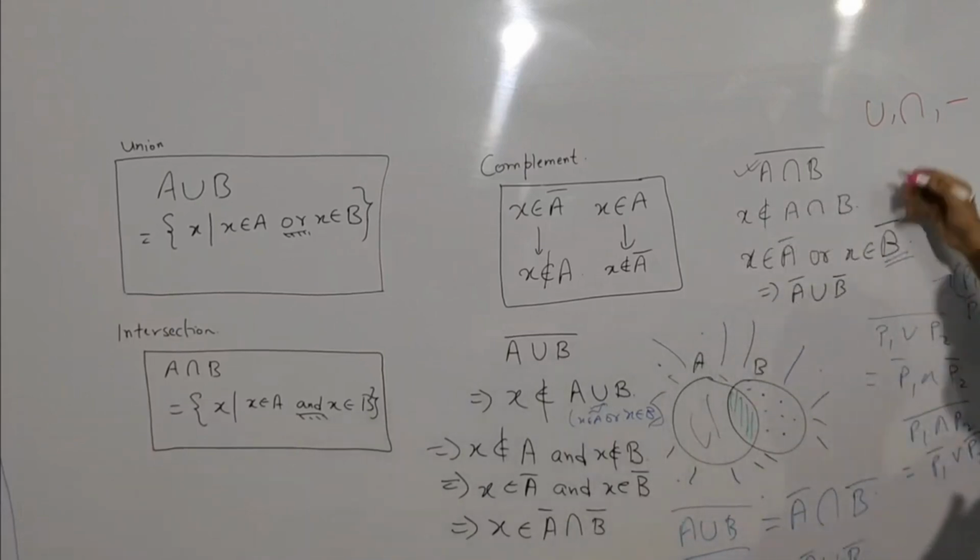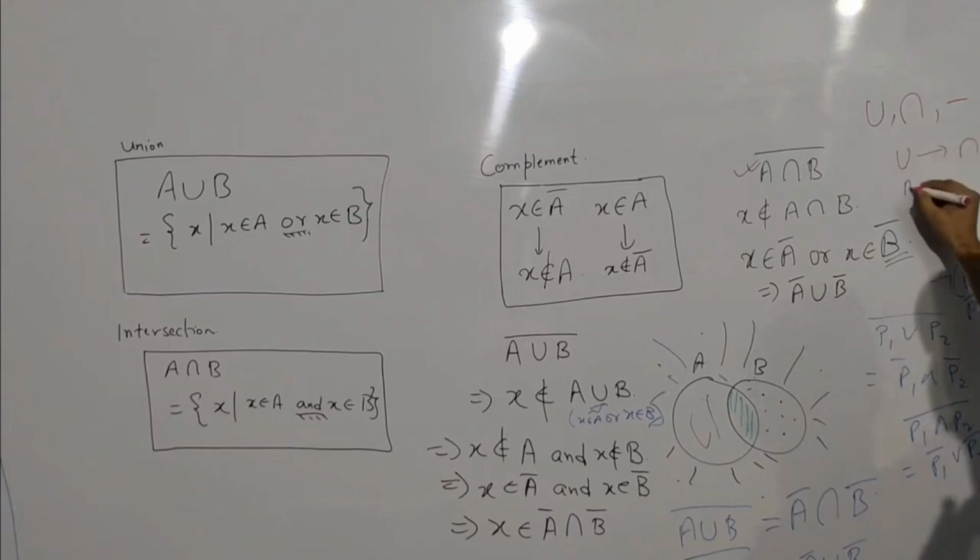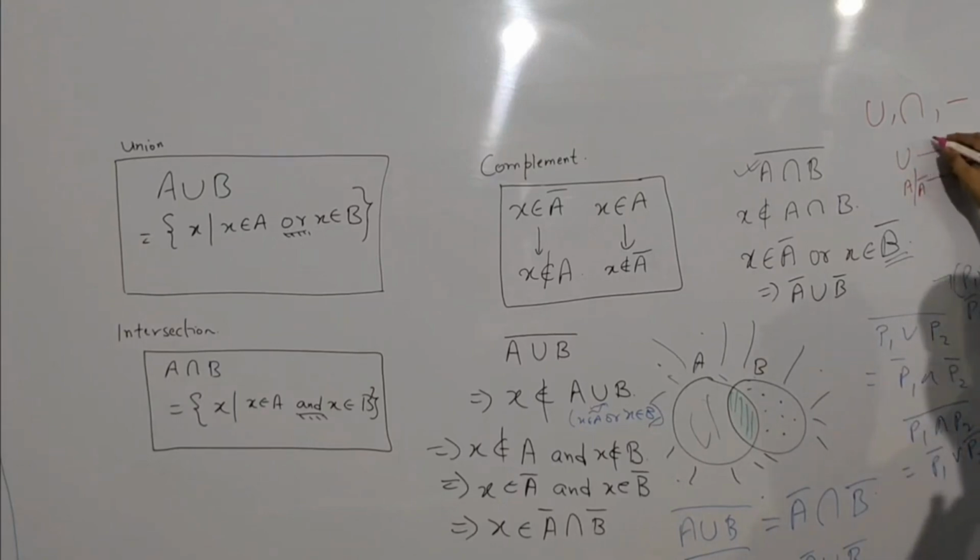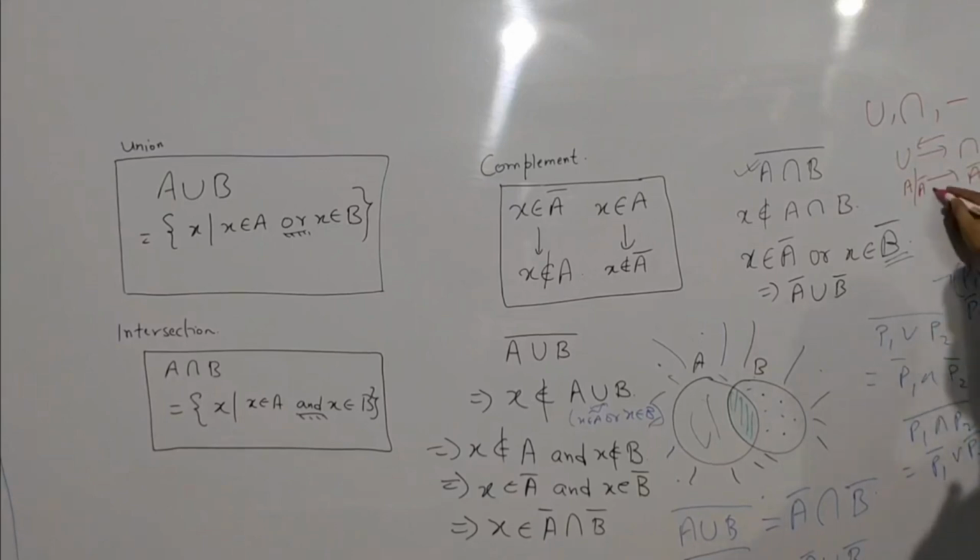You just change union into intersection and each set to its complement, and it is vice versa. Got it? So that's what you have to do.